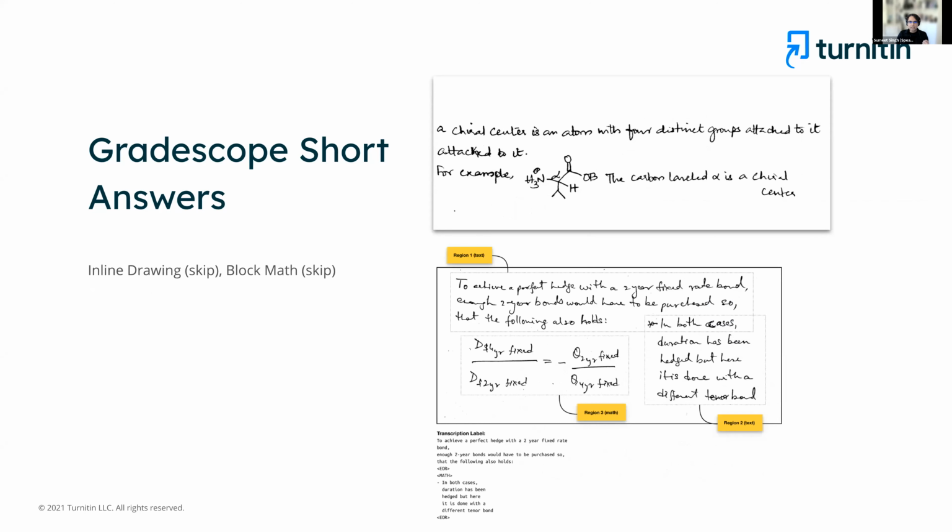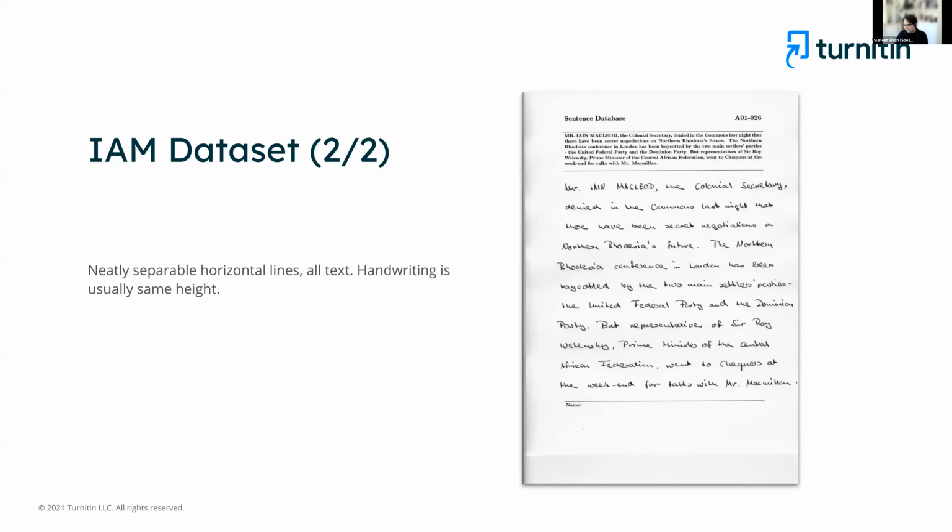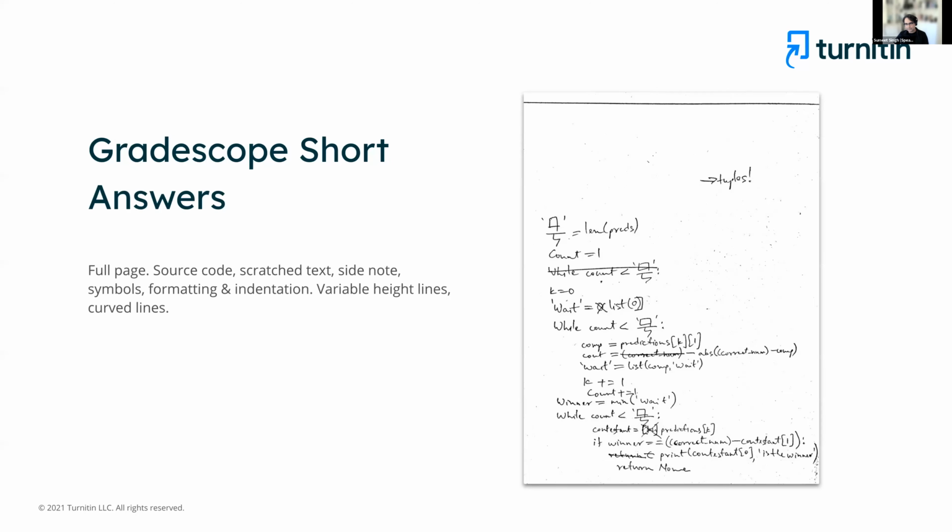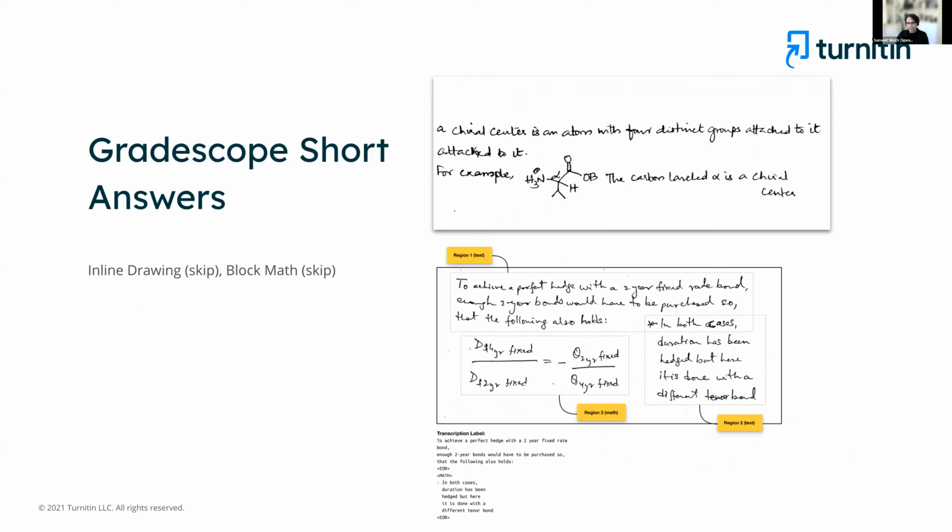More examples. Since there is so much variety of different types of text that we have to deal with, as opposed to very neatly separated paragraphs and lines, we came up with a formulation of the problem.